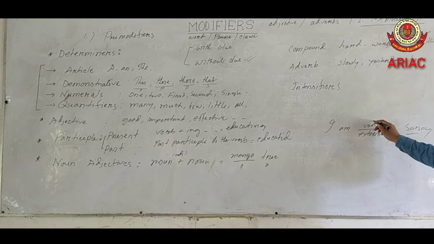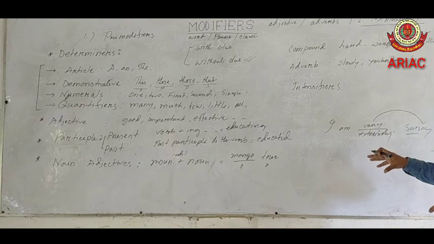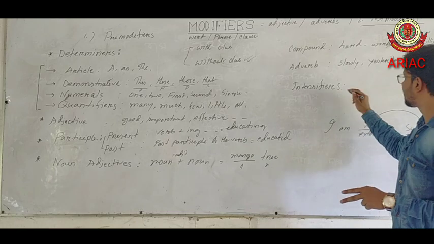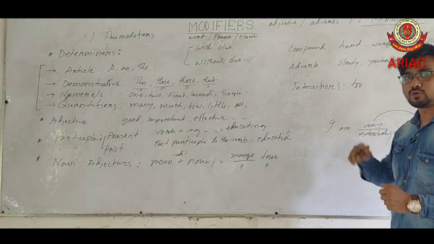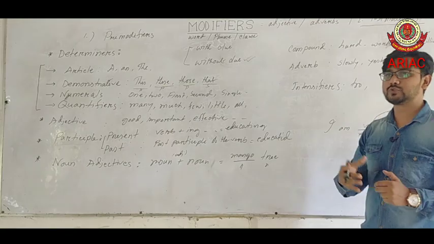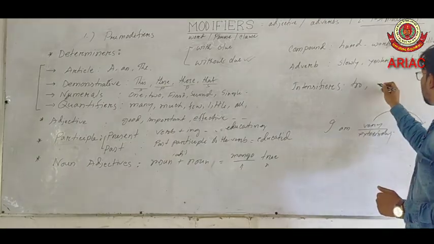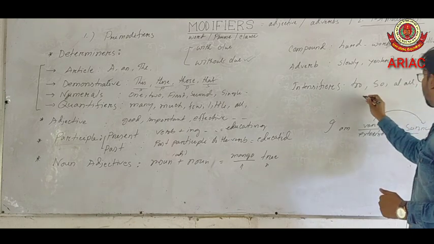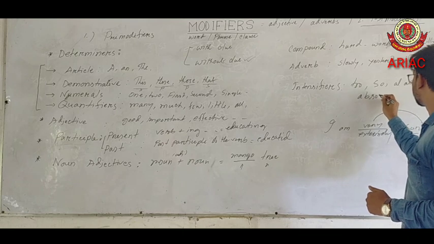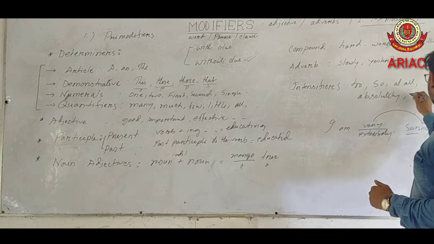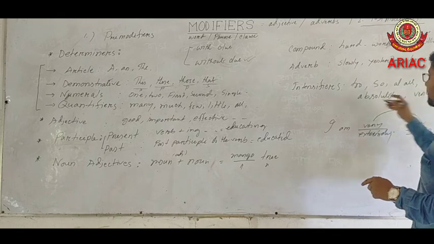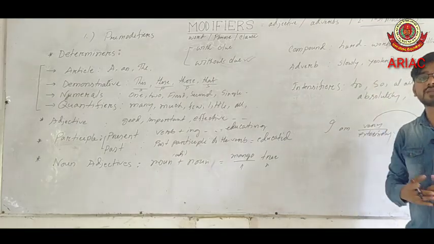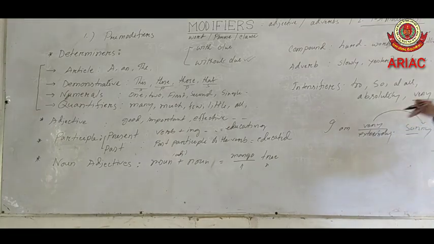So these words emphasize the word sorry. So the words which are used to intensify or to emphasize a word are called intensifiers, like too hot, too cold. Okay. And so, and at all, absolutely, and mostly we use very. If there is an intensifier, first you have to keep in mind that we put very, and then the others.